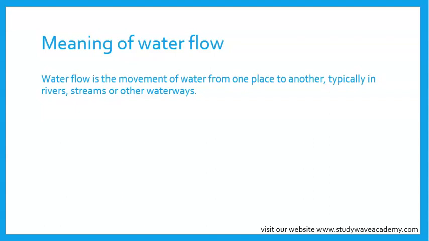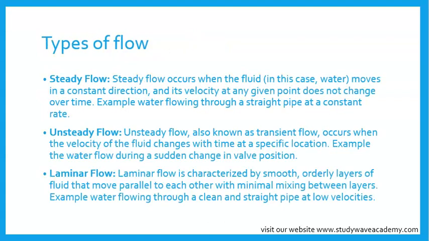Good. So we're going to be looking at the different types of flow. We have the steady flow. Steady flow occurs when fluid moves in a constant direction and its velocity at any given point does not change over time.